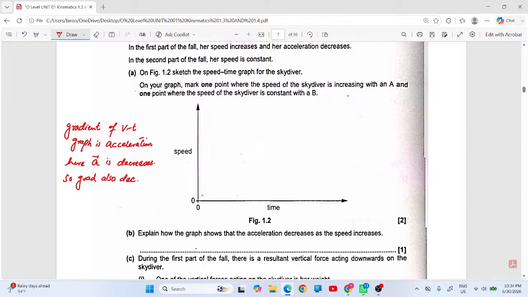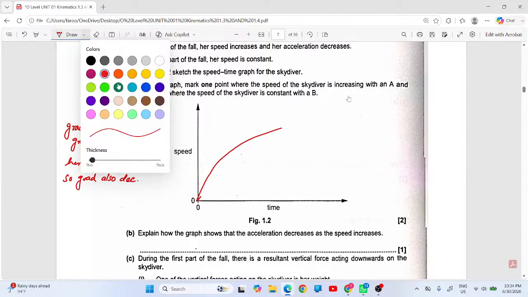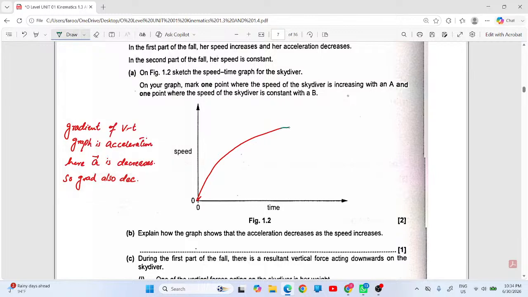So you have to show that although the speed increases, it is with decreasing rate. ठीक है? Speed increases with decreasing rate and then it becomes constant. तो फिर हम इसको constant show करेंगे in this way.